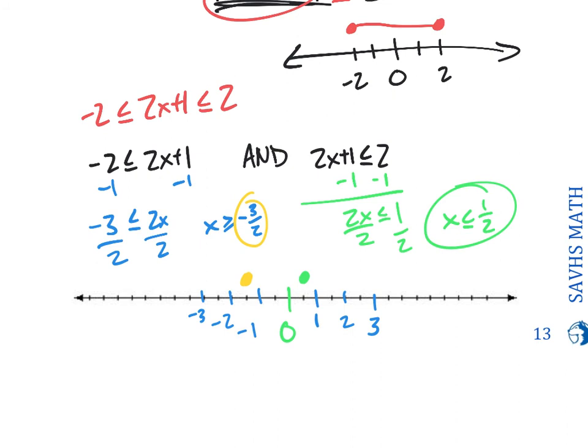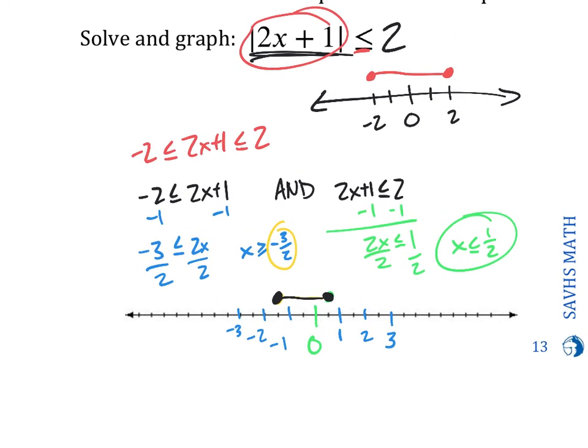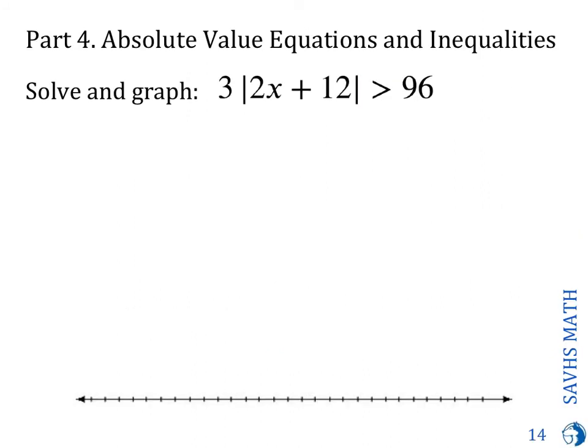And so since x is greater than negative 3/2 and x is less than 1/2, this is our solution. So this entire inequality looks like that. So if you put in any of the values that are represented by this black inequality into this, you will get a true statement.